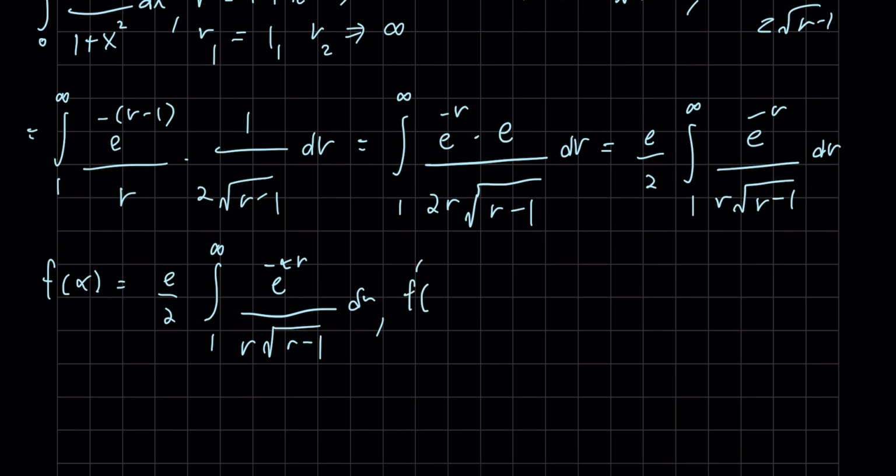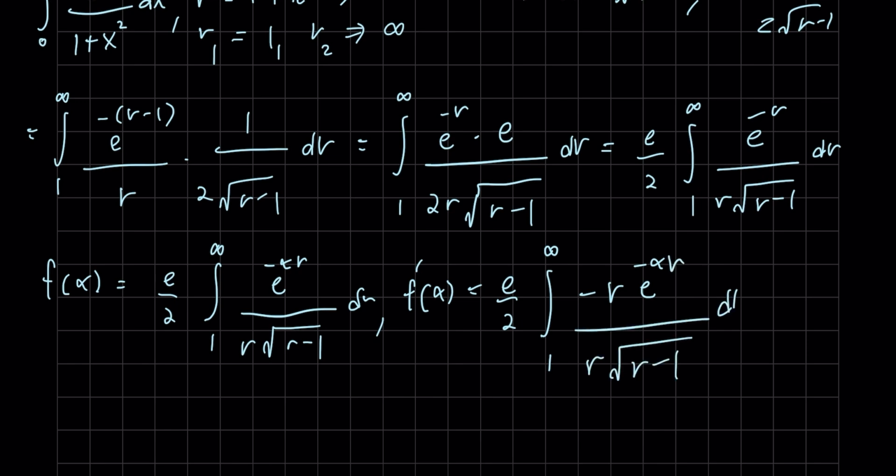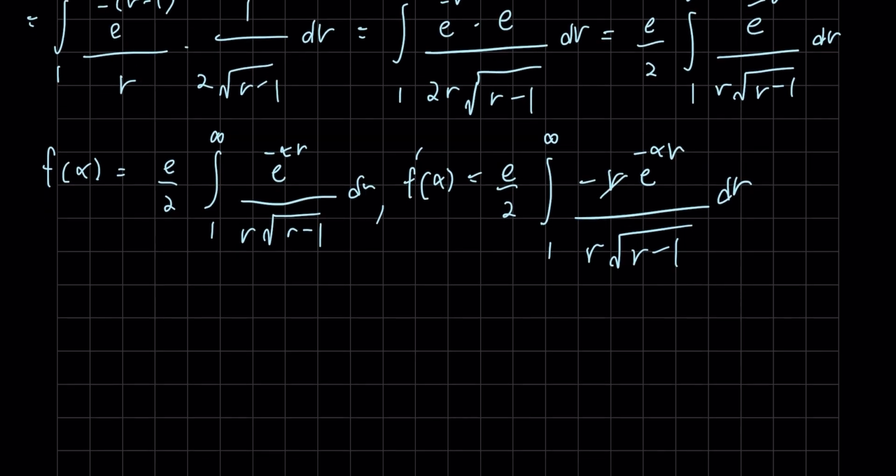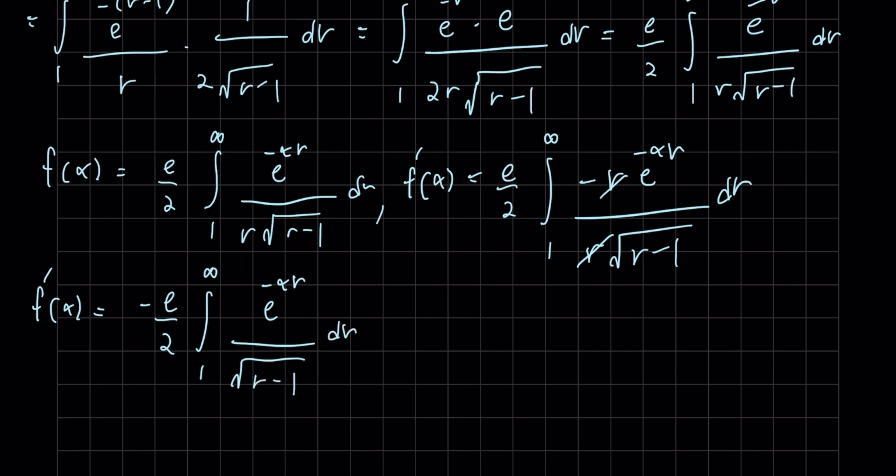So we have f prime of alpha is e over 2, the integral from 1 to infinity of negative r e to the negative alpha r divided by r times the square root of r minus 1 dr. And these r's cancel, so we're going to have f prime of alpha is negative e over 2, integral from 1 to infinity e to the negative alpha r over the square root of r minus 1 dr.